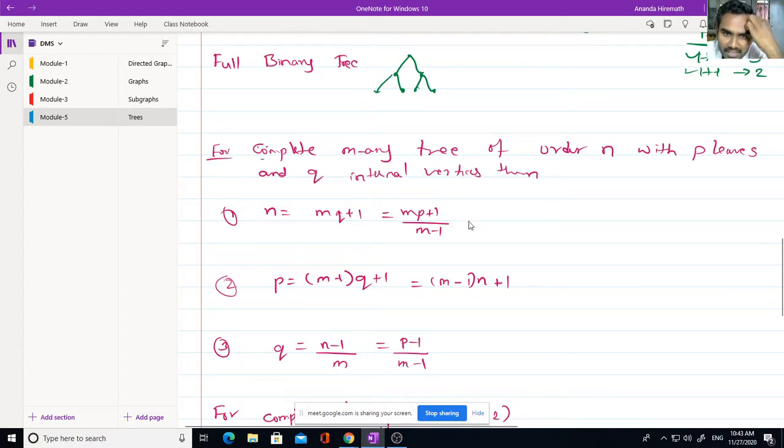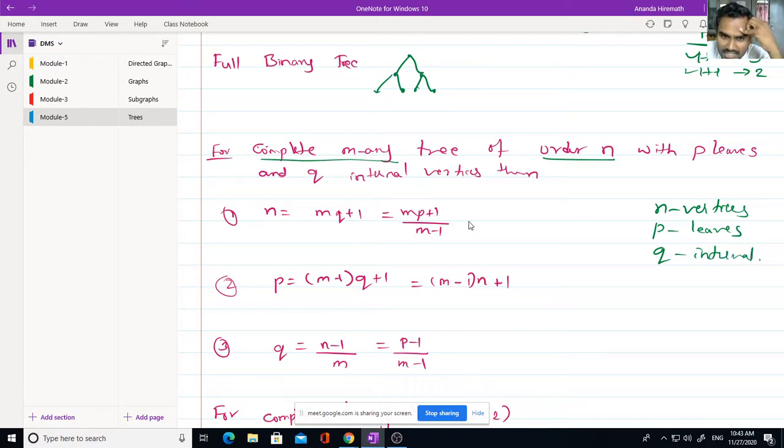For a complete m-ary tree of order n, meaning the number of vertices in that tree, with p leaves and q internal nodes, n is equal to mq plus 1, which is equal to (mp minus 1) divided by (m minus 1). These are the standard rules.